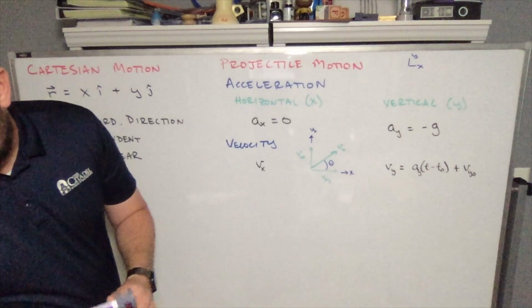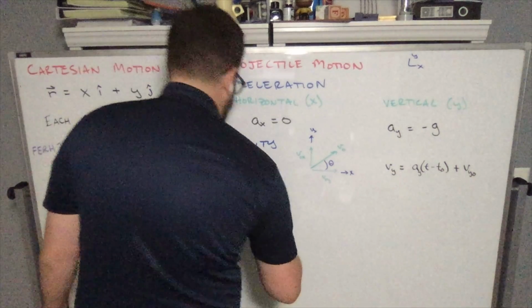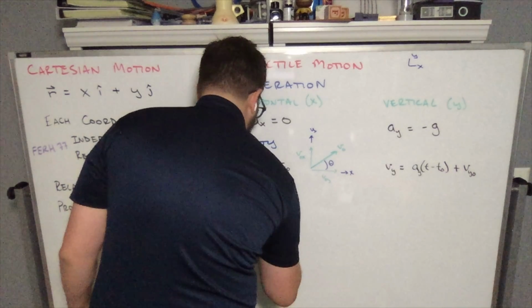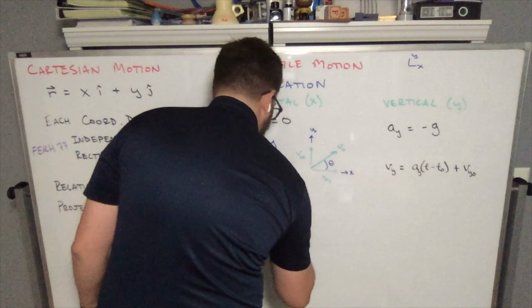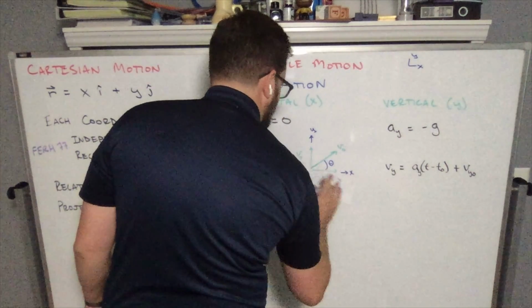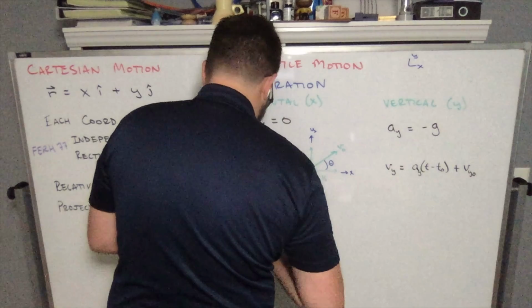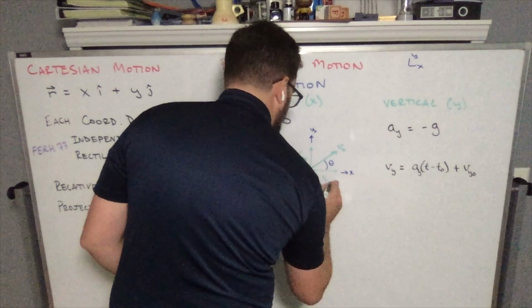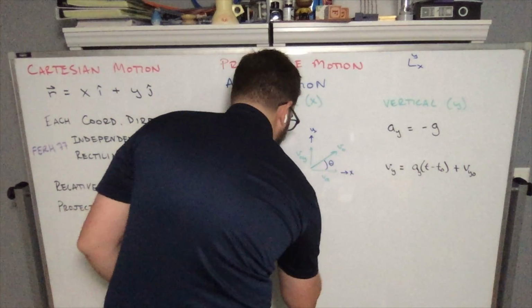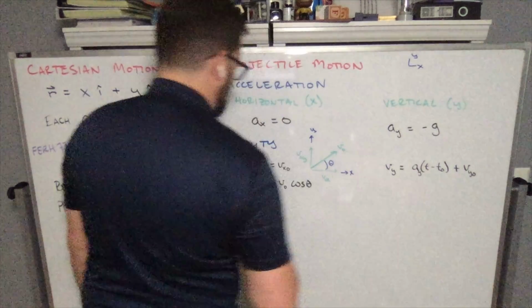So if we look at what's in your FE reference handbook, Vx is always going to be equal to Vx naught, but Vx naught is just equal to V naught times the, let's see, whoops, I flipped my signs here. Vx naught is going to be equal to V naught times the cosine of theta.